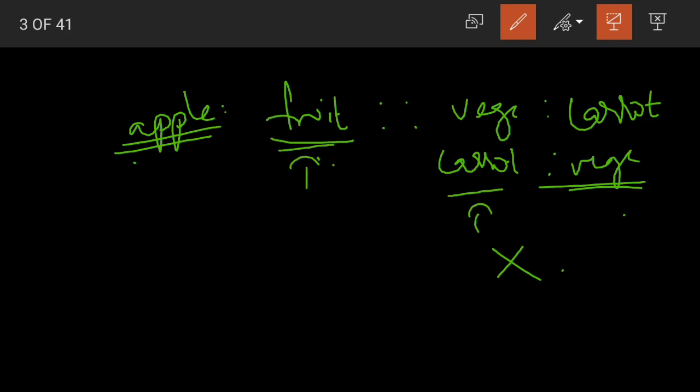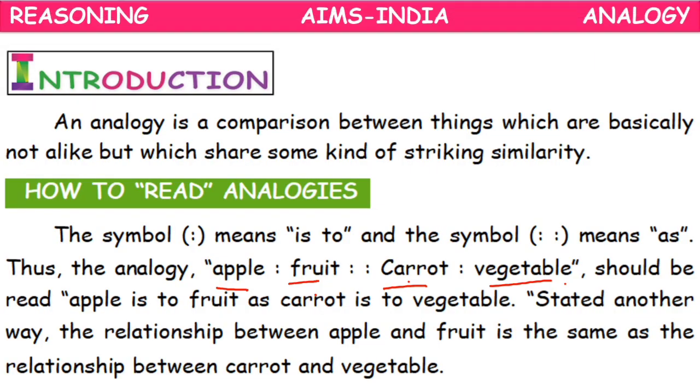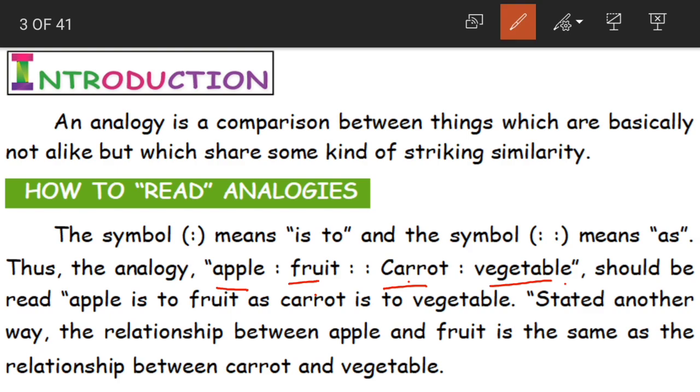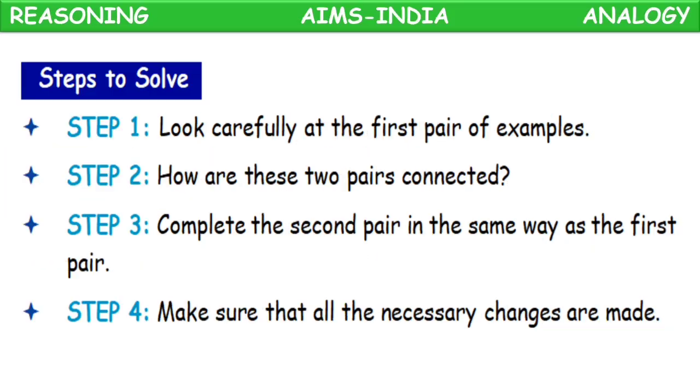In the same way, first we should write carrot and then the group to which it belongs, children. The order of the words is also very important in analogy. The relationship should be the same in both the given pairs. Here this will be our first pair and this will be our second pair.